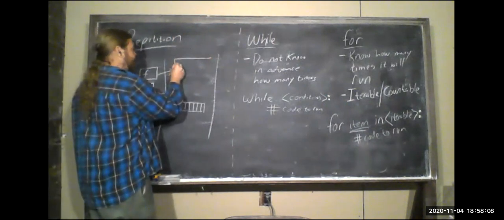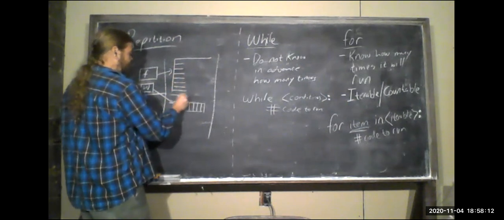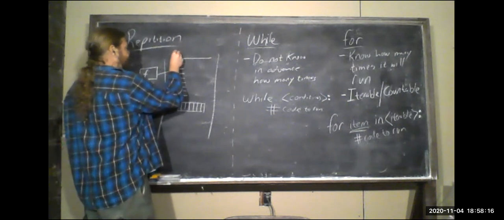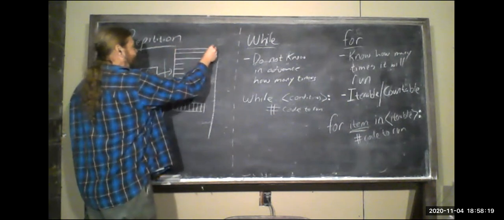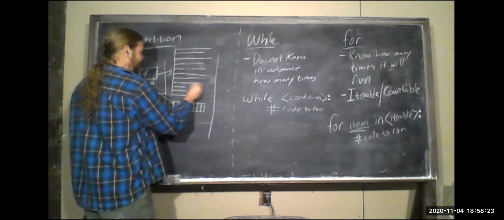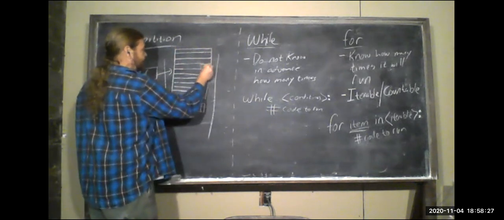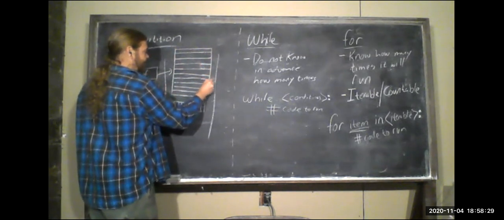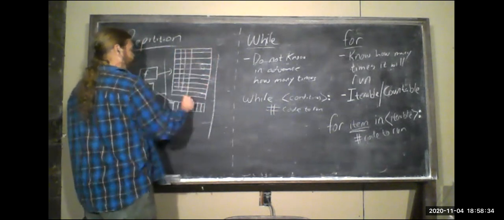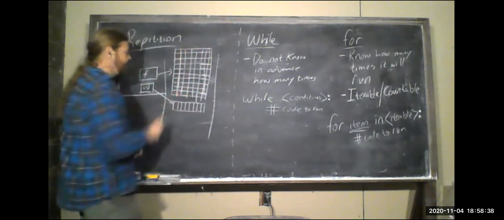So we had 10 elements, 1, 2, 3, 4, 5, 6, 7, 8, 9, 10. And each one of those elements contained 8 bits.